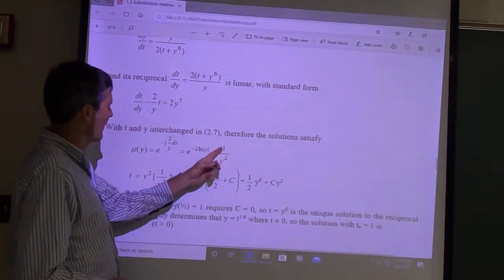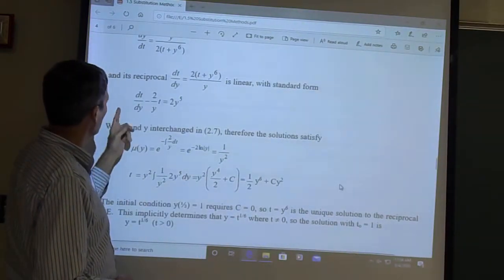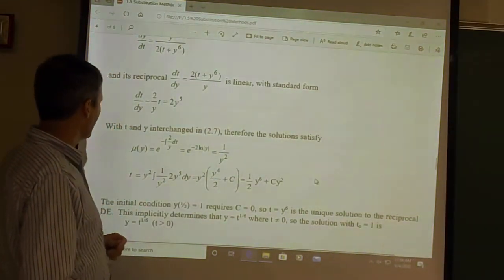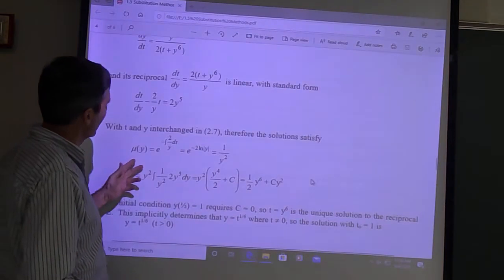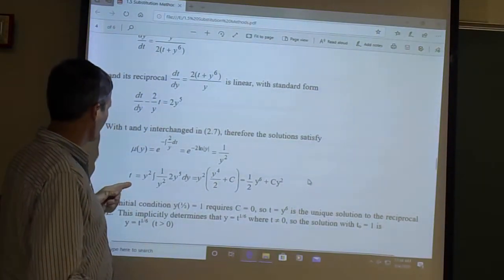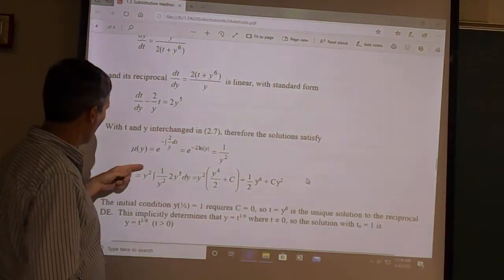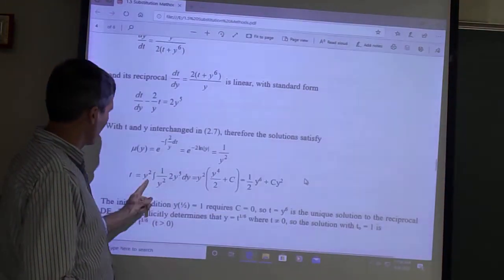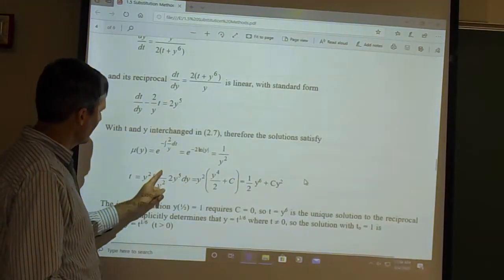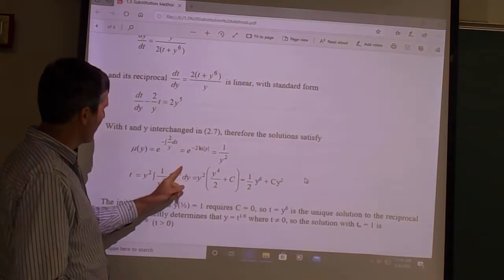So the integrating factor is 1 over y squared. I can multiply through by the integrating factor and integrate this, or I can go straight to the formula. This is the formula. 1 over mu is y squared, integral of mu f of y dy.